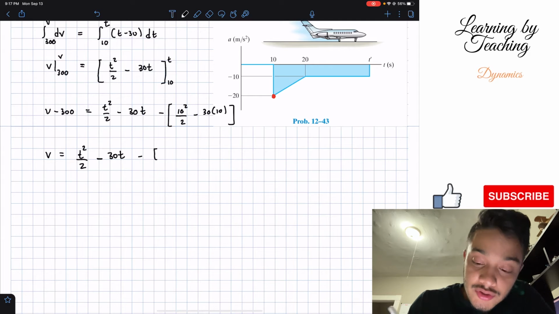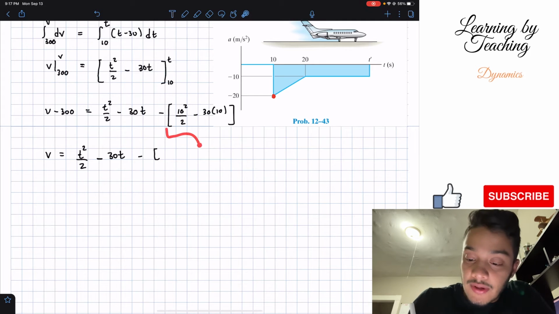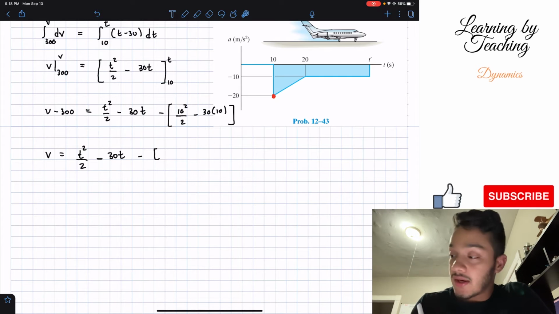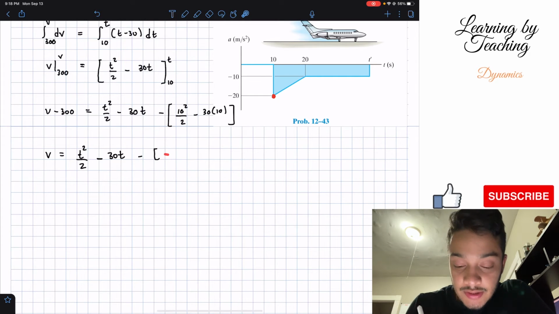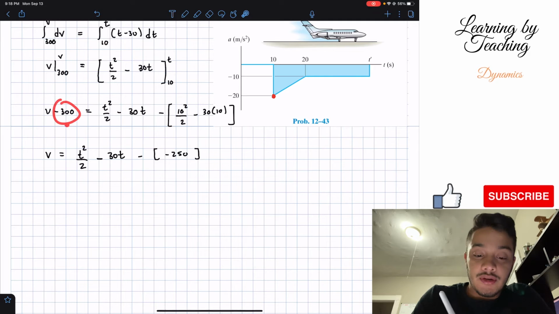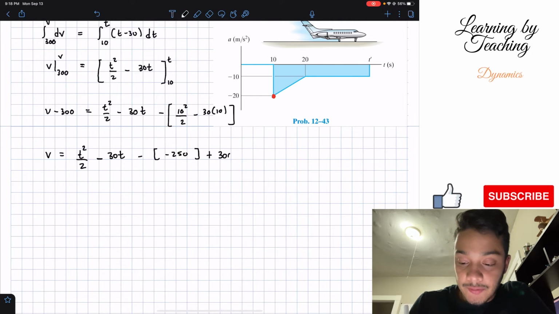Minus, and then we're going to plug in all that we have in here into our calculator. So 10 squared divided by 2 minus 30 times 10 gives me a total of negative 250. We also have negative 300 that we're going to pass to the other side, which will be positive 300.